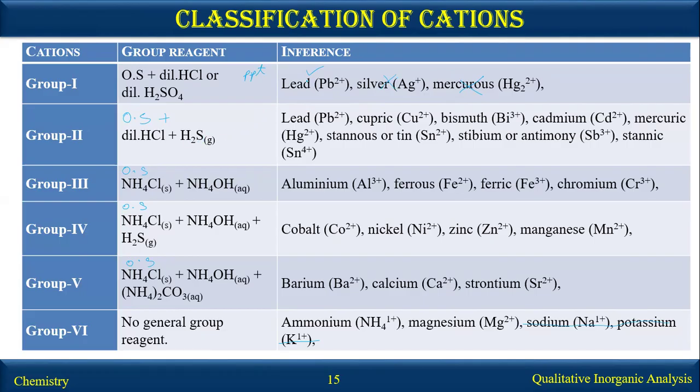In group 2, lead. Lead is repeated here because sometimes lead is not identified in group 1, so it can be identified in group 2. Cupric or copper 2 ion, bismuth or Bi3 plus ion, cadmium or Cd2 plus ion, mercury, tin 2 plus, strontium or antimony, or stannic. These are not part of our syllabus in any college in Sindh.